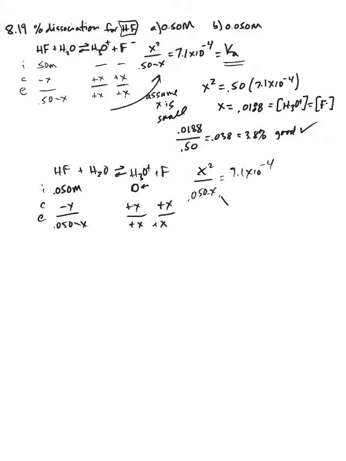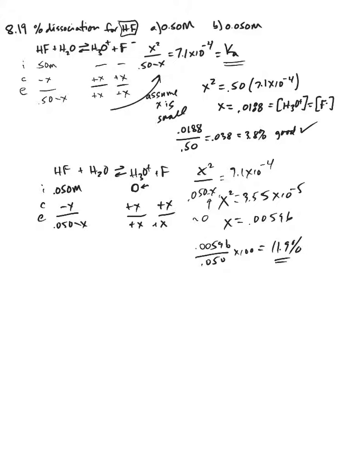When you go through, x squared is equal to 3.55 times 10 to the minus fifth, again assuming that this is 0. We get a value of x, which is 0.00596. And here, the check of the assumption shows you we have a little bit of a problem. It's not so much a problem, it's just the fact that this x value is almost 12% of the value it's being subtracted from.